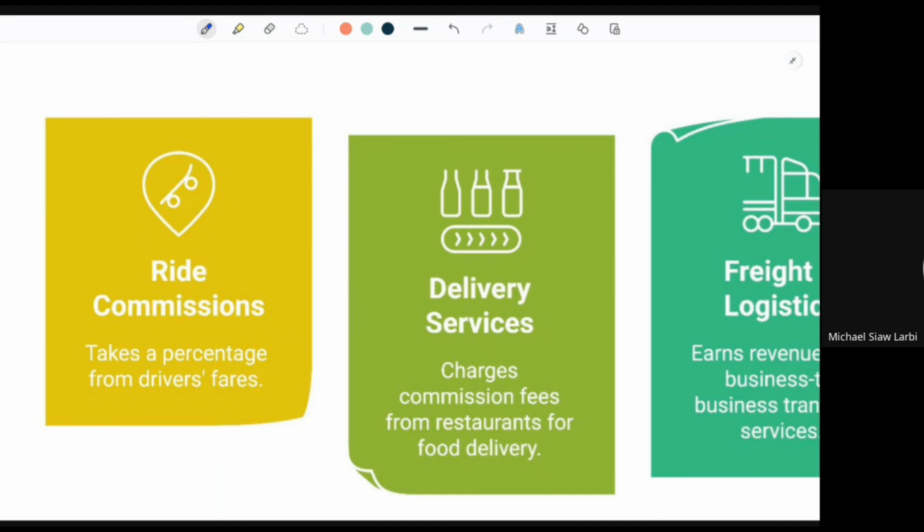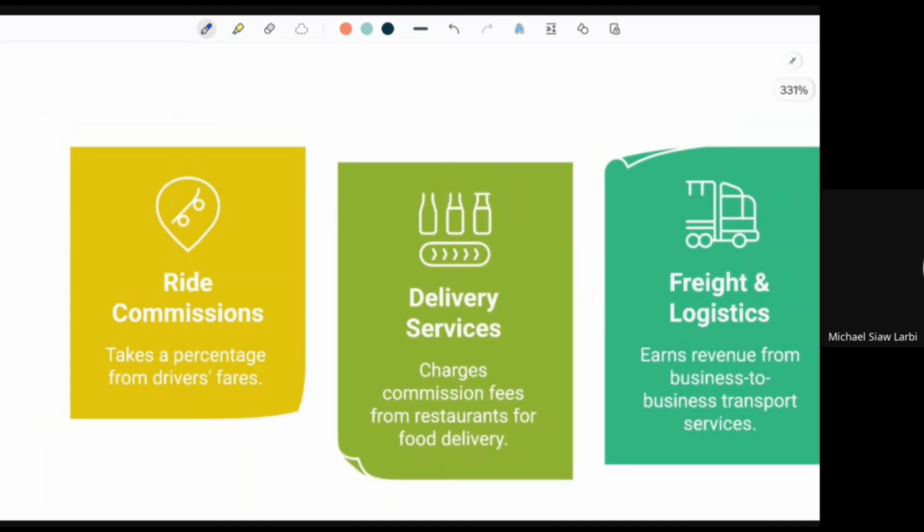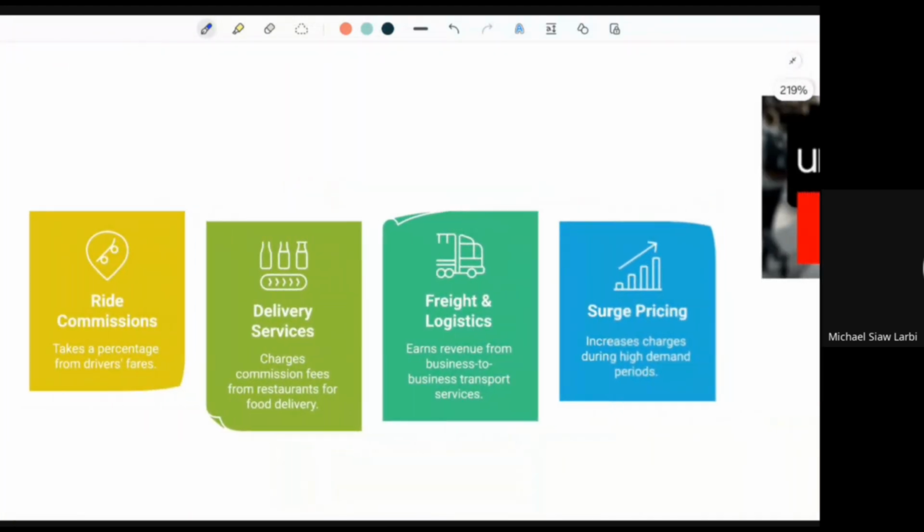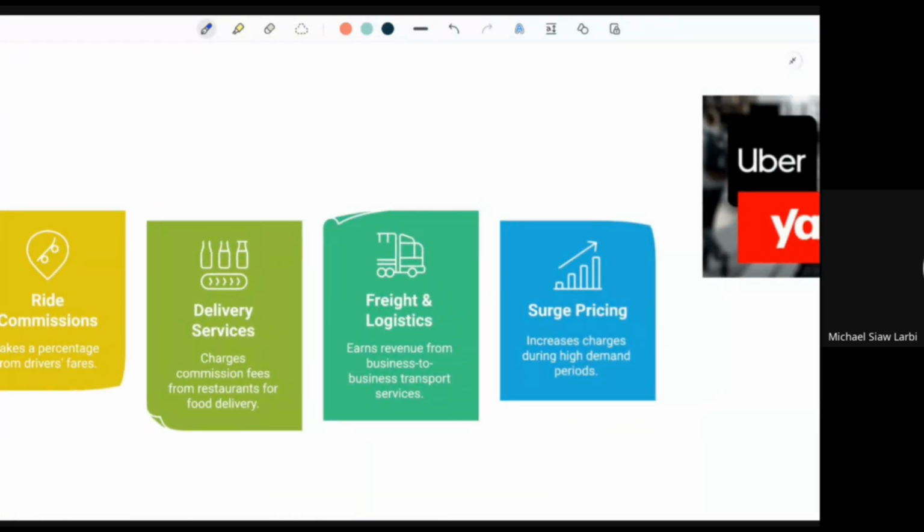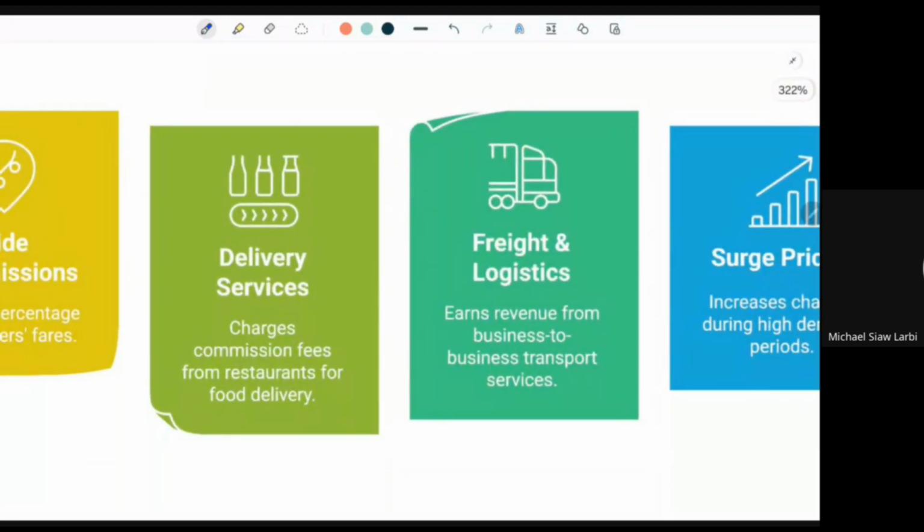Revenue stream number one. Then delivery service. I'm sure almost everybody here has interacted with Bolt Food, right? And I think Yango also has delivery services in Ghana, right? Uber Eats is in different jurisdictions where you can also order food. So for delivery services, they would charge commission fees from the restaurant for food delivery.